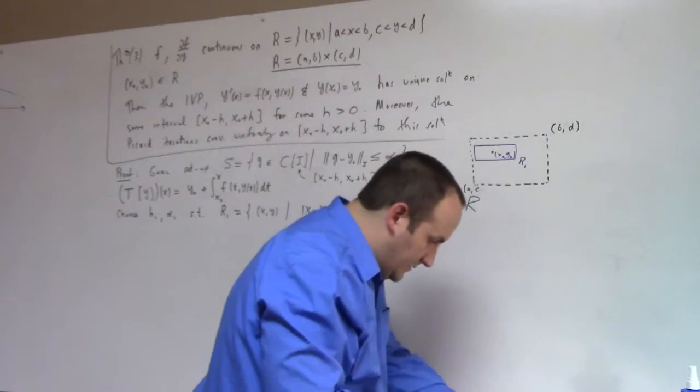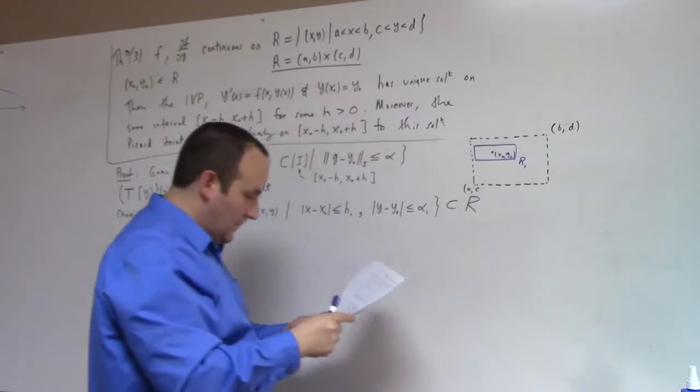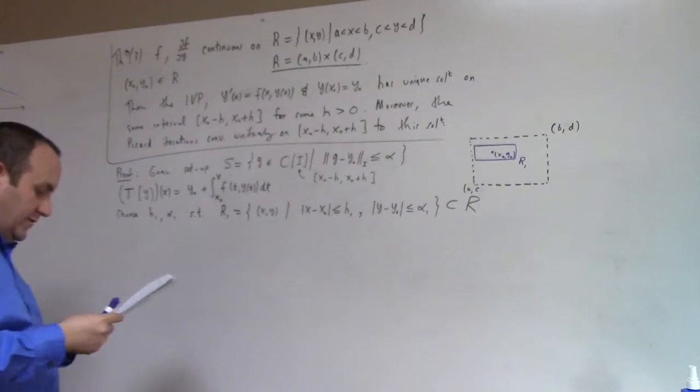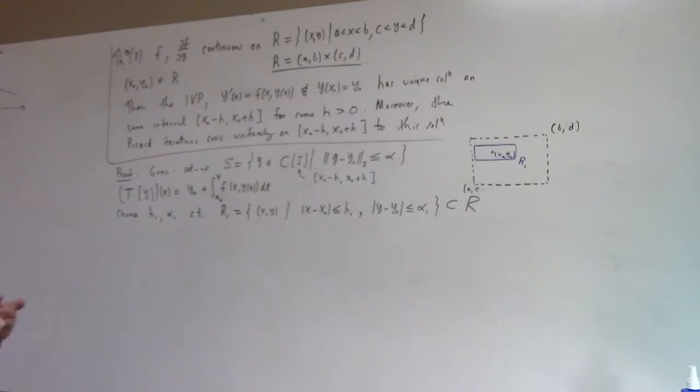All right, so then what? Closed rectangles are awesome because if we have continuous functions on closed sets, we can use the extreme value theorem.